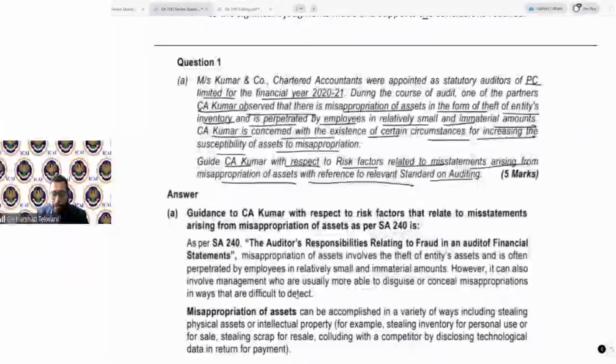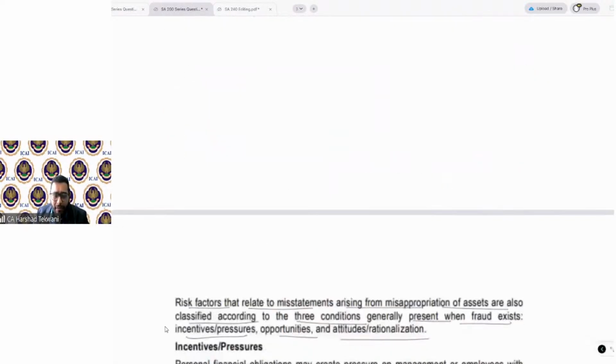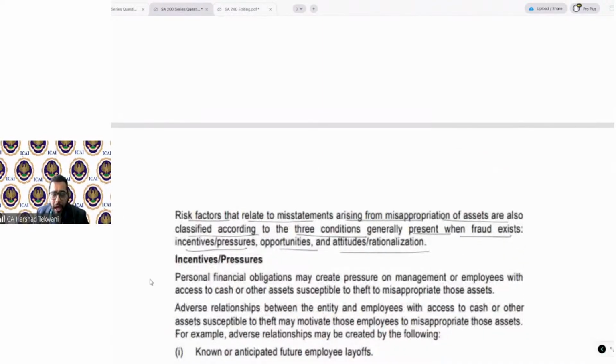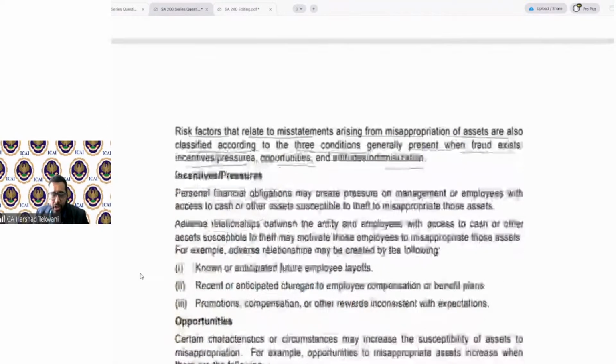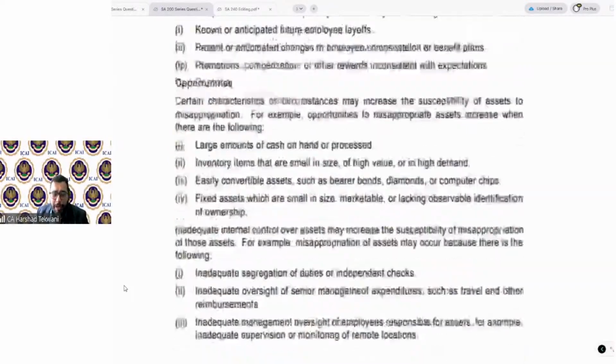When I talk about risk factors, first of all, you need to understand what is misappropriation of assets. You need to explain that. Now, what are the risk factors? Risk factors usually are divided into three categories or based on three conditions: incentive or pressure, opportunities, and rationalization.